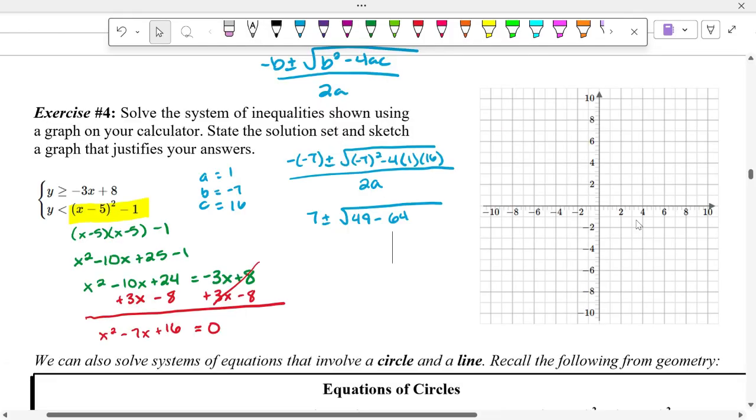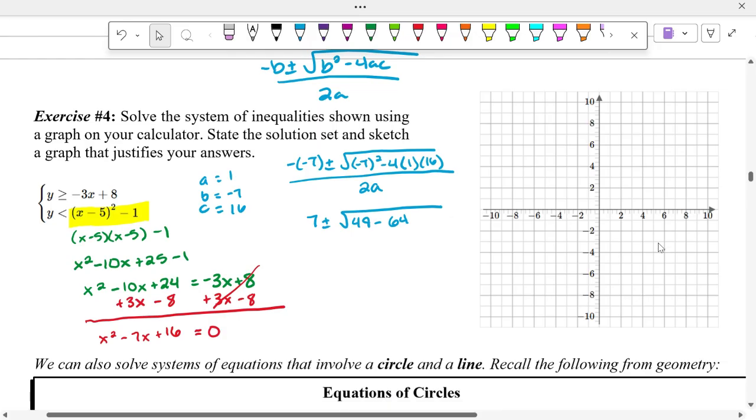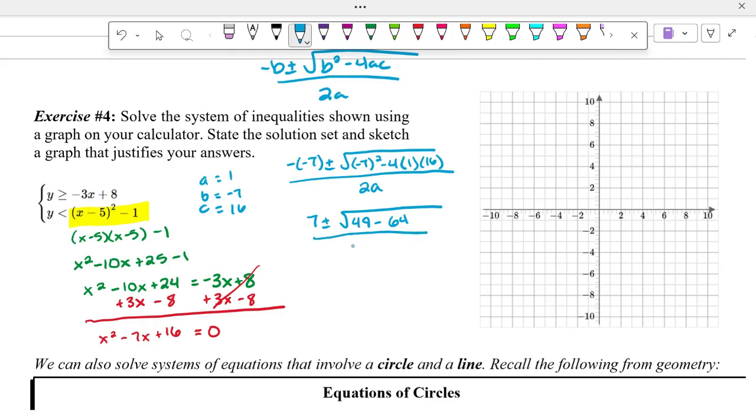But we're just going to keep on trucking, because a system of inequalities is a bit different because we're looking for where they overlap. All right. So if we keep going, this will be over. I don't know why I wrote A, but that should be 1, all over 2.